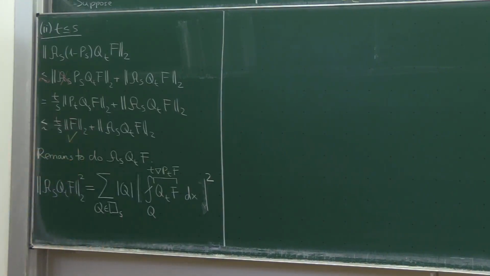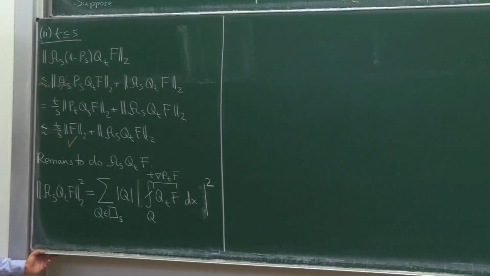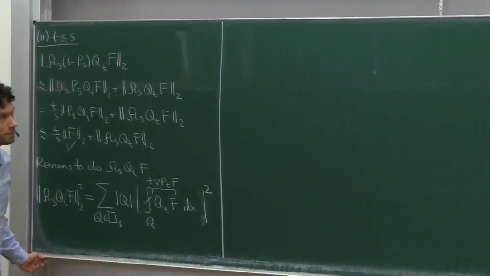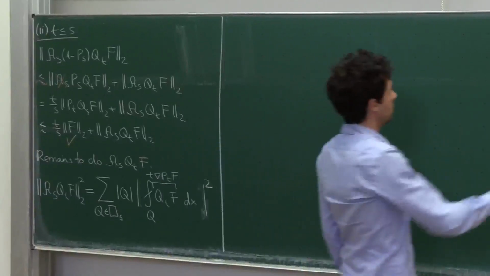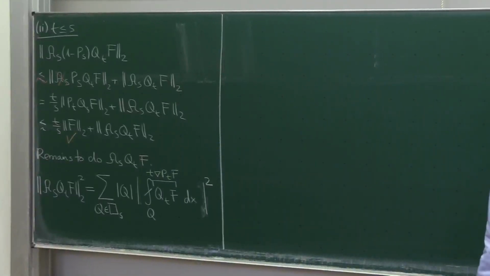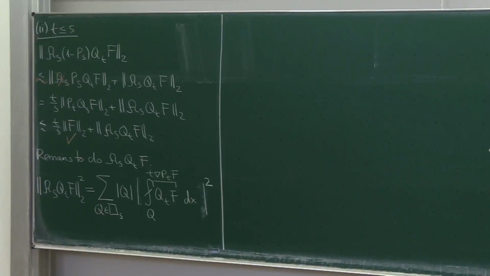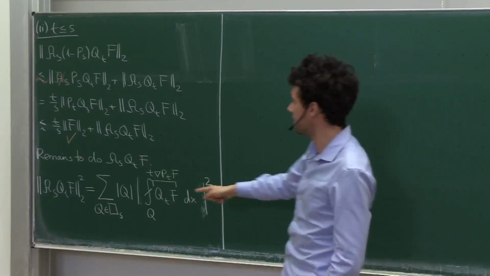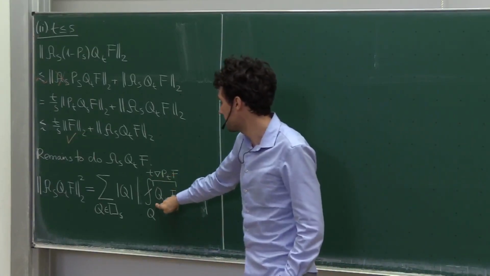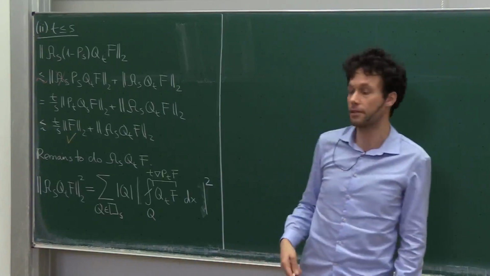So that means I'm trying to compute the average of gradient fields on a cube. Now this is precisely why I showed you this lemma at the beginning of the lecture. Not at the beginning, before the break. We had the lemma that says precisely something about the average of a gradient field on a cube.